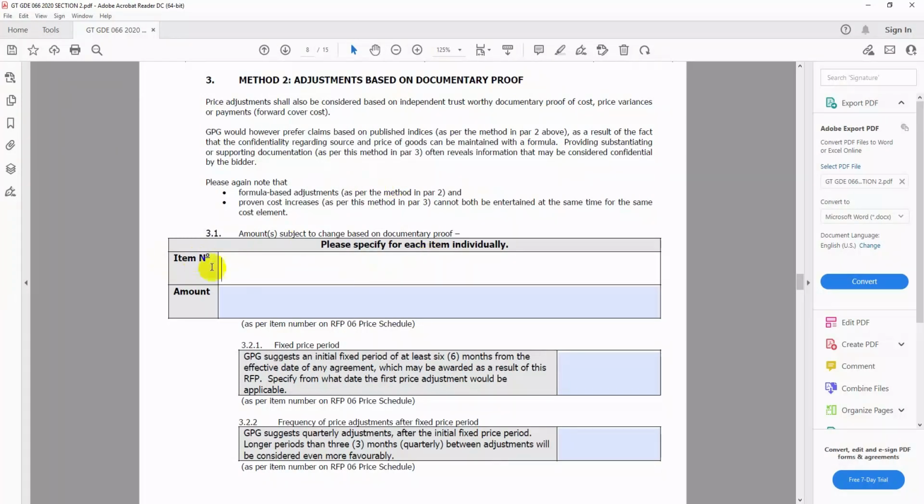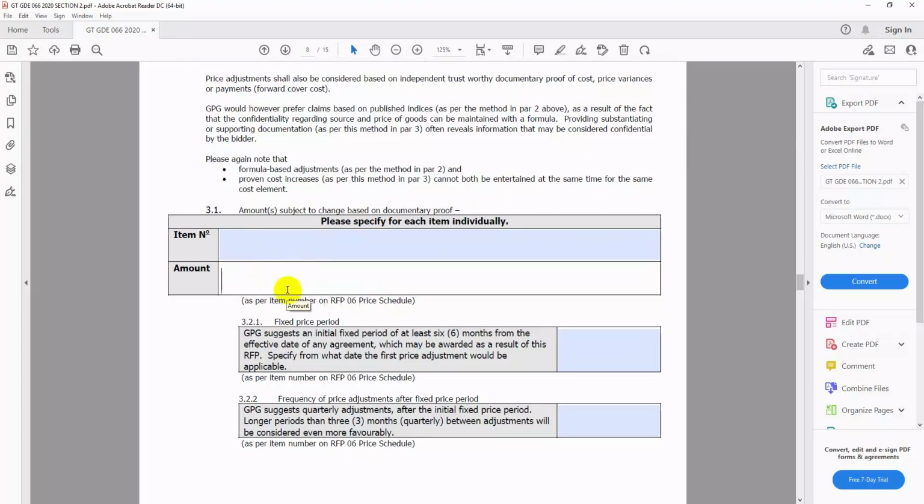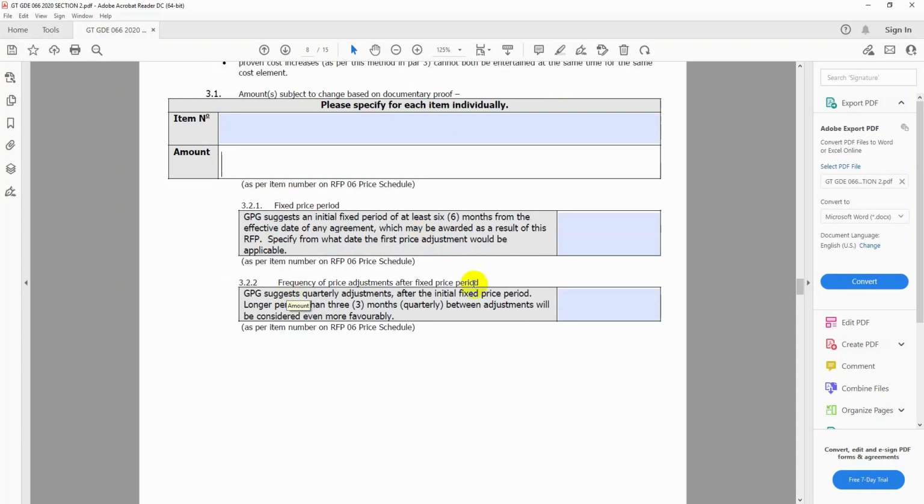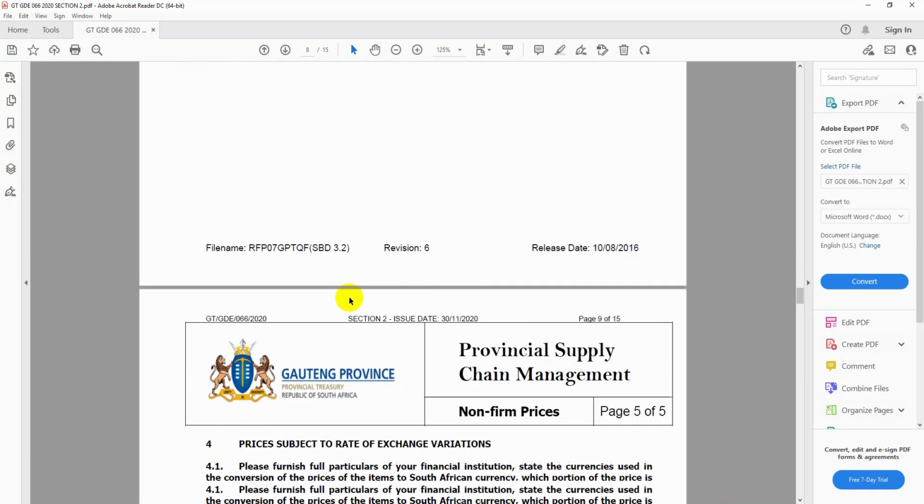Let's say you put item 1 here, maybe petrol, and then what is the amount now as you are applying for this tender, because they will compare the price for now on this original document, and by then, let's say after 6 months when you come back for price adjustment, all the items that you need price adjustment on, you'll put there, in the 6 month story and the quarterly there.